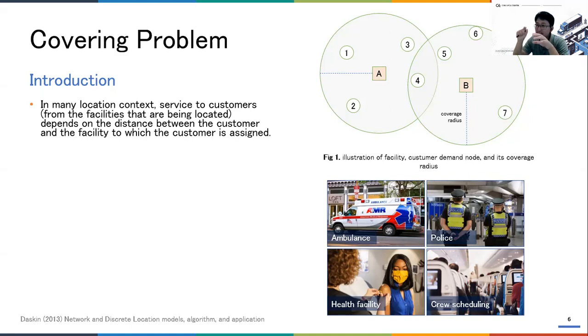So the definition of coverage will be based on those numbers. Okay, the ambulance will be 3 minutes. Then where should I put the location? Then you convert it to distance.